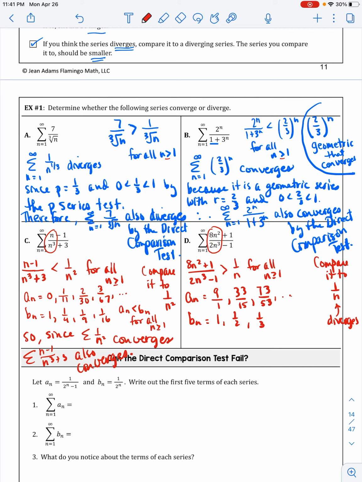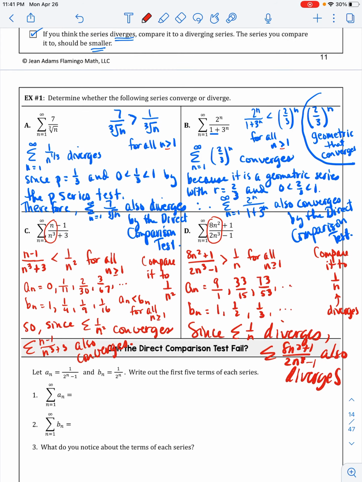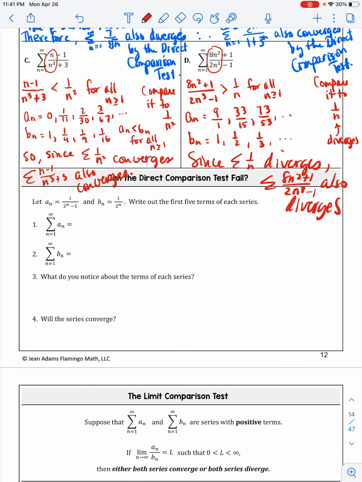So b sub n is definitely less than a sub n: 1 is less than 9, 1/2 is less than 33/15, and so on and so forth. So since summation 1 over n diverges, summation 8n squared plus 1 over 2n cubed minus 1 also diverges.